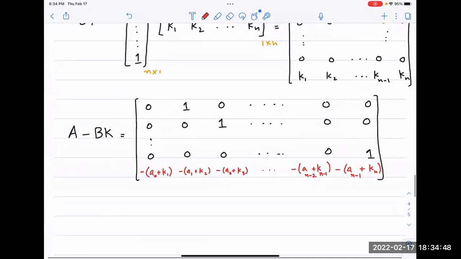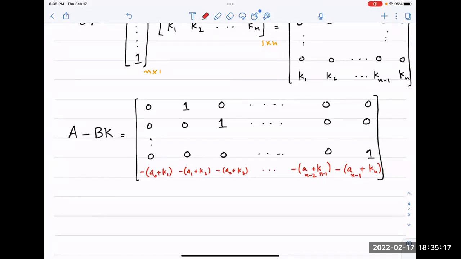Okay, so this is the structure of A minus BK. So you see the complexity of the problem has reduced in the sense that now to make sure that the poles are at a certain place, we only need to figure out the last row of this matrix. We don't have to know the value of every entry in the matrix A minus BK.